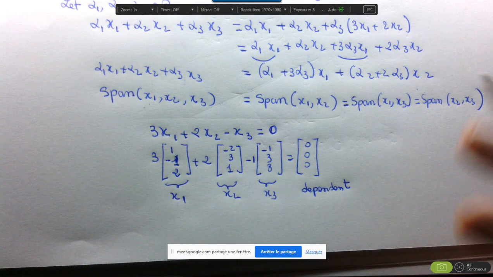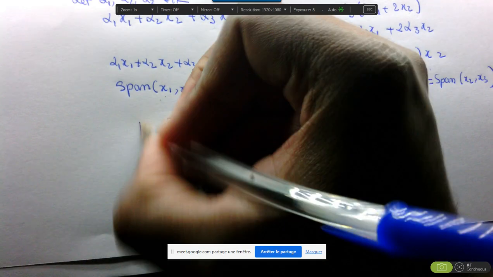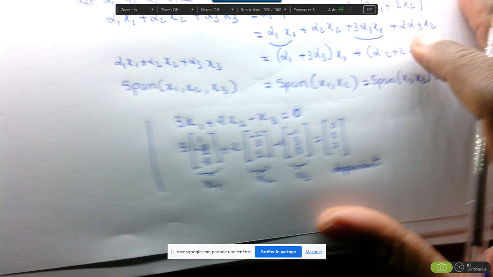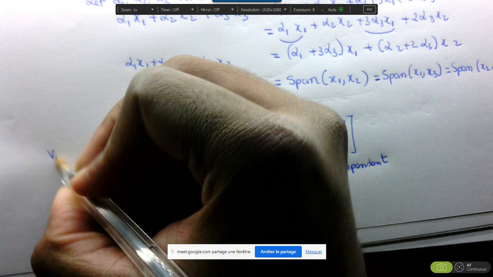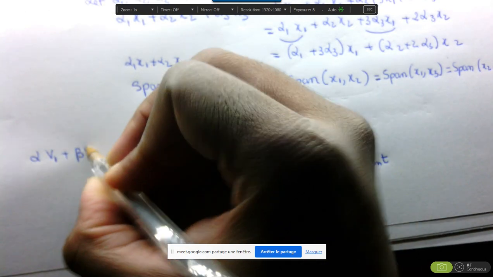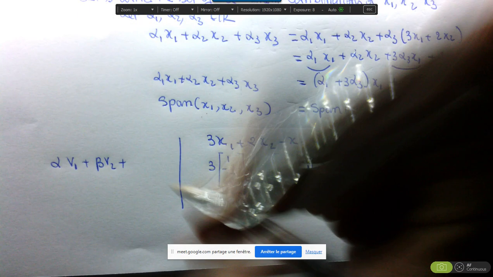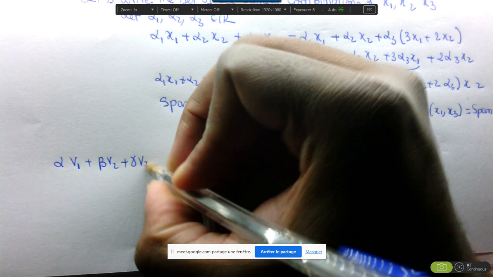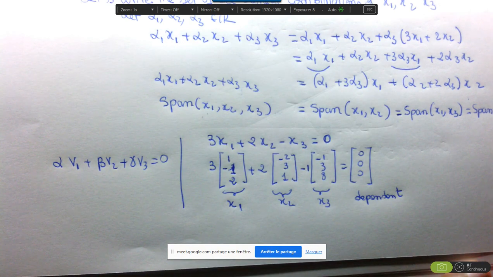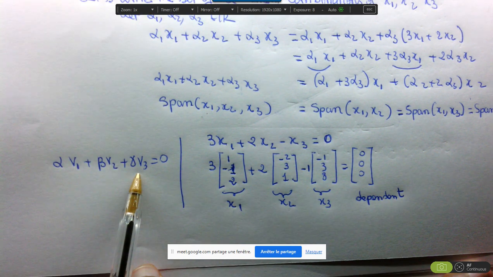Now for linearly independent, for example, suppose that I have alpha v1 plus beta v2 plus gamma v3 equals 0. That implies that all of the coefficients are necessarily equal to 0.